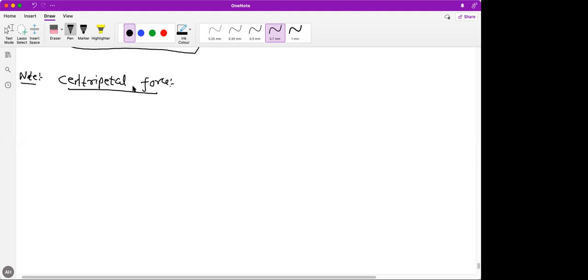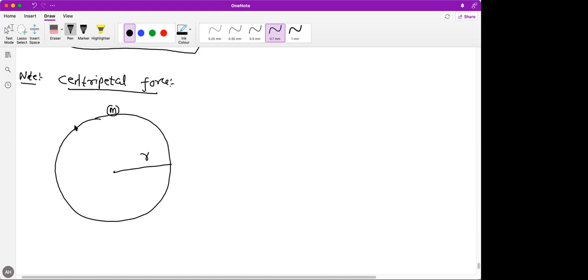So if a body is moving on a circular track, this is a circular track, radius of the track is r, you have a body of mass m, it's moving with a velocity v. To move on the circular track, this body needs a force which is known as centripetal force.